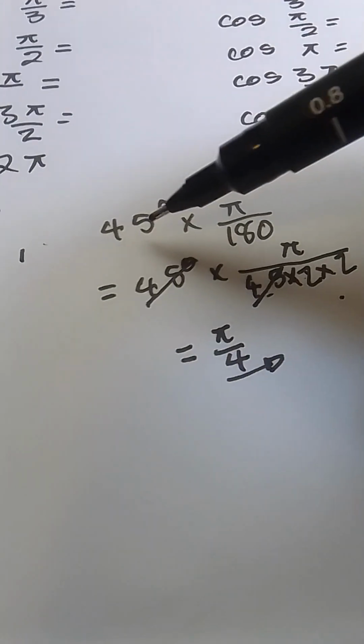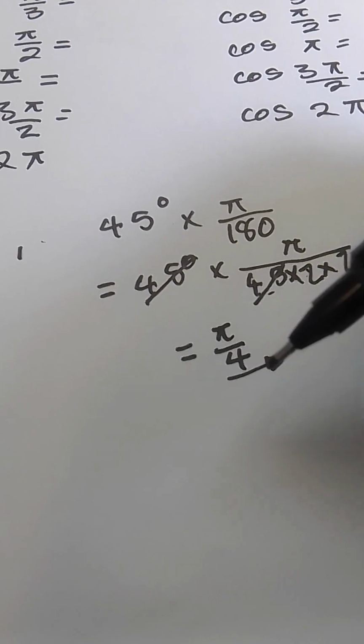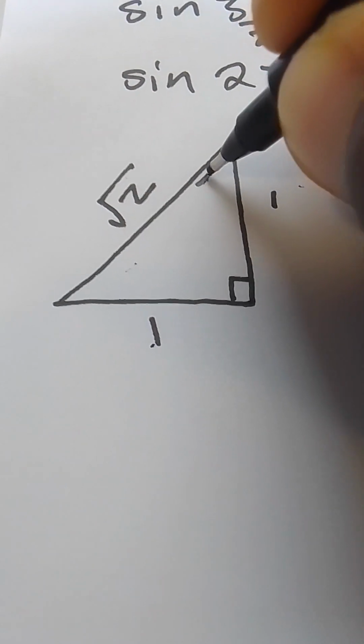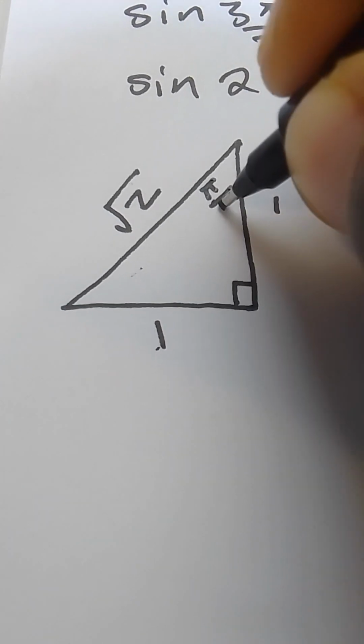So 45 degrees is pi by 4 radians in this triangle.